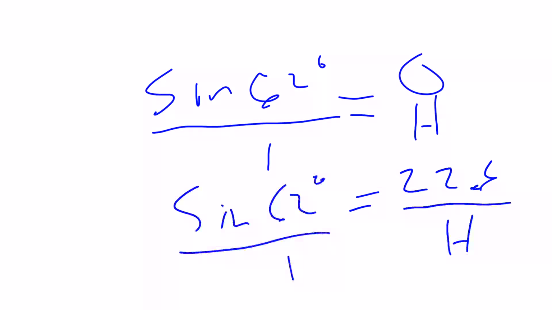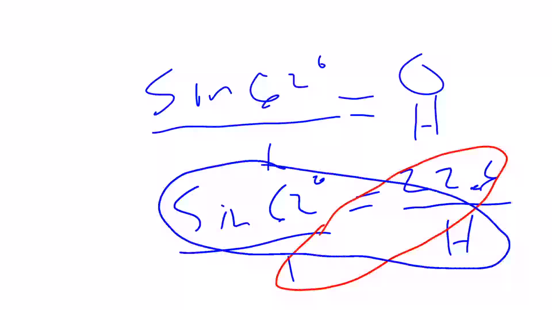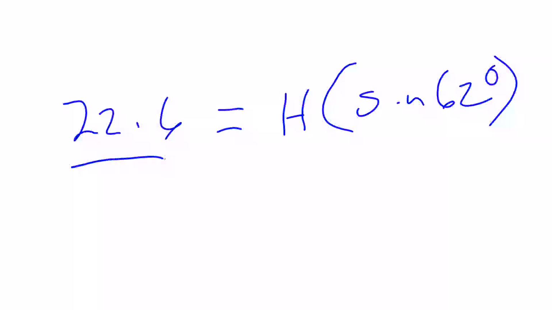Now I can cross multiply. So I do 1 times 22.6 equals h times sine of 62. When I cross multiply, I have 22.6 is equal to h, our hypotenuse, times sine of 62 degrees.